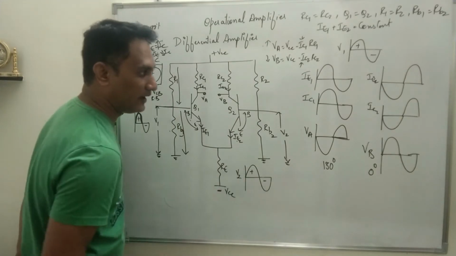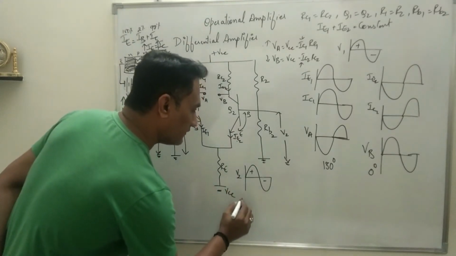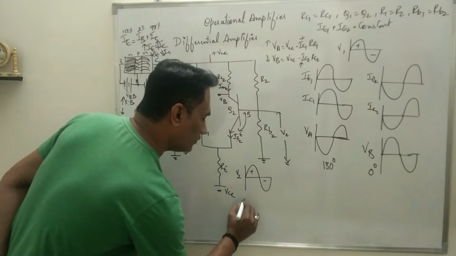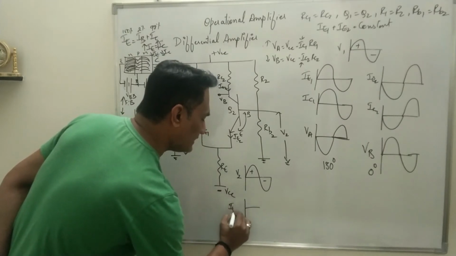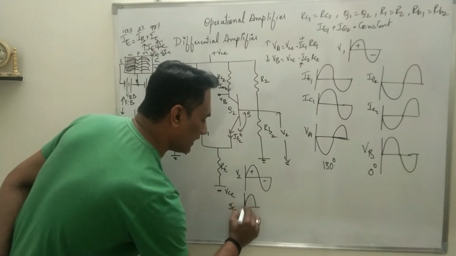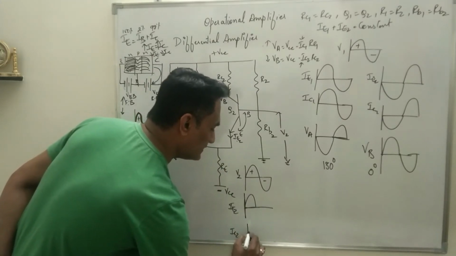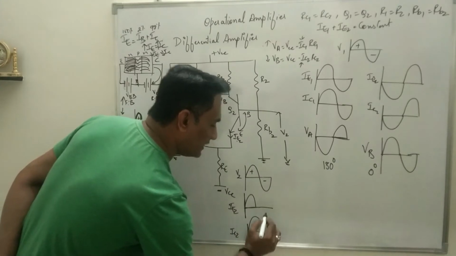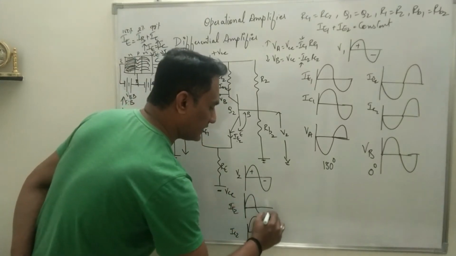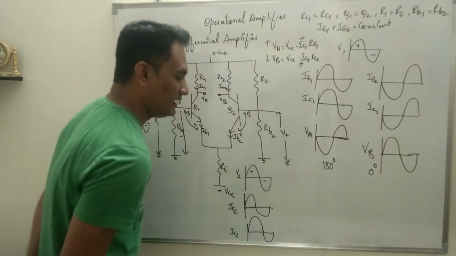So that is what we have to understand. When input is applied at V2, during the positive half cycle IE2 increases, therefore IC2 will increase. During the negative half cycle, IE2 will decrease, IC2 will decrease.